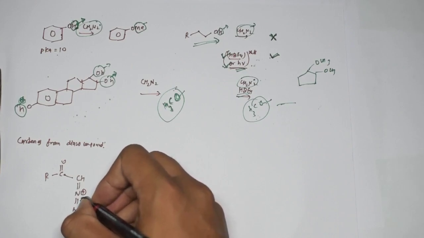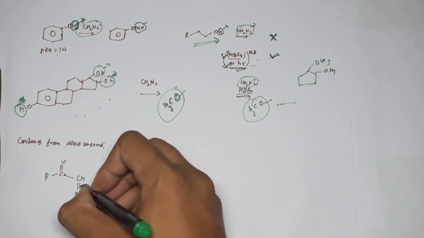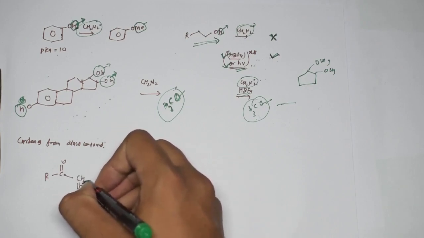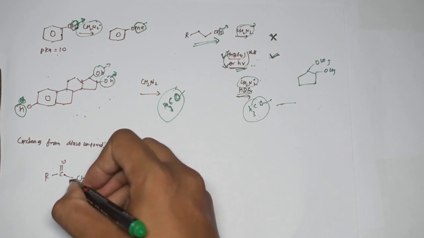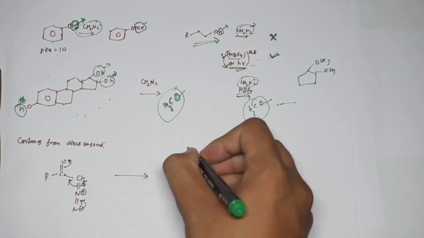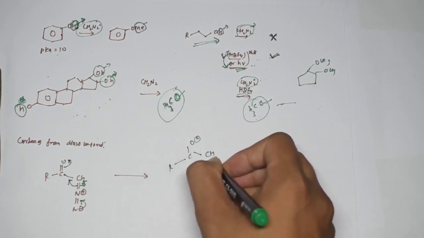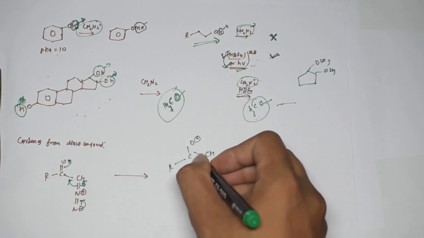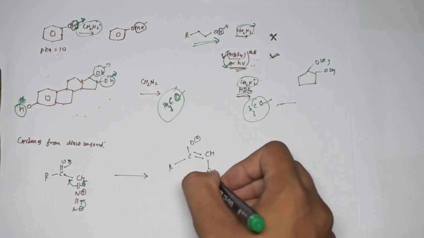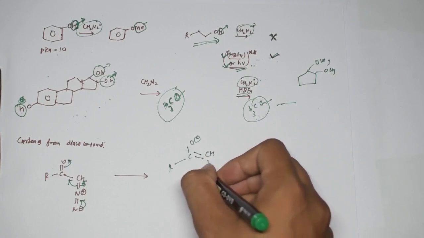So this will become O minus, and here we will have CH, a single bond here, a double bond here, and N with a triple bond, and a positive charge on this nitrogen.